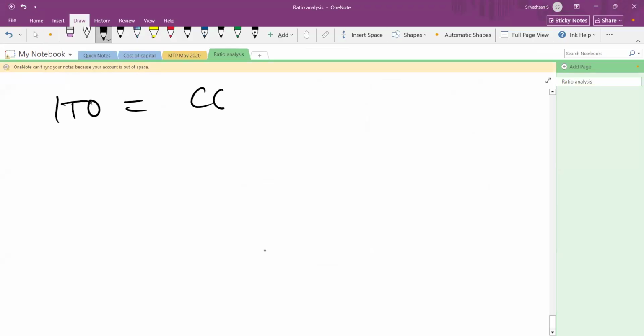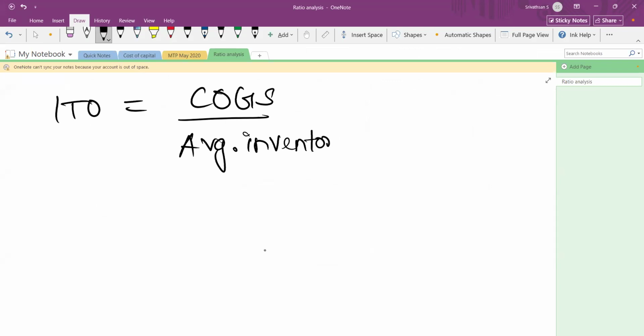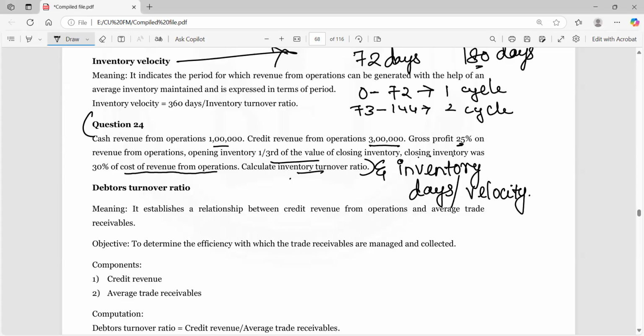Inventory turnover is equal to COGS divided by average inventory. Listen, in this question, we have information for calculating average inventory. If it is not there, we can just take the closing value of the inventory. Since information is given, we will take the average value of inventory. So first, let's calculate the cost of goods sold.